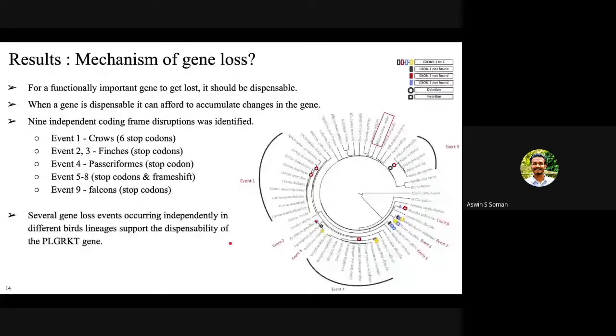Several of them occurring independently in different lineages suggests that this gene is in general dispensable, and we can say that this gene must have undergone several mutations that eventually resulted in complete loss.